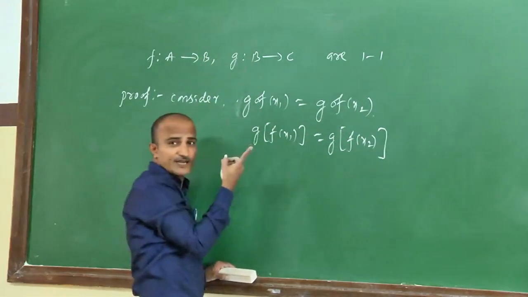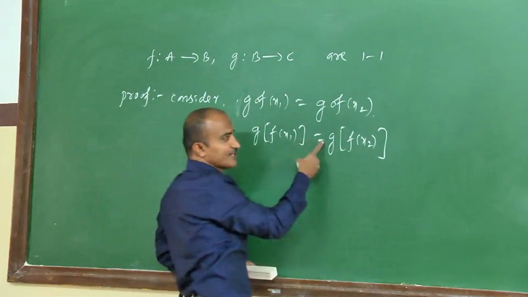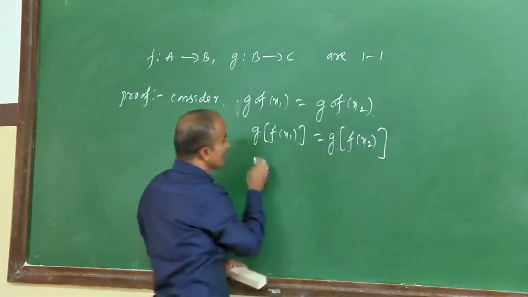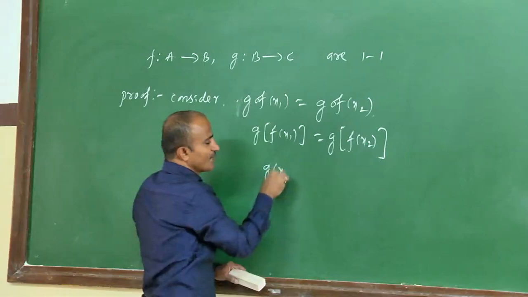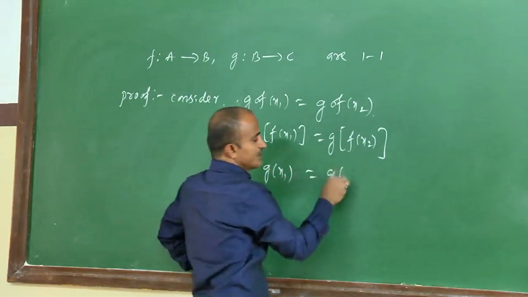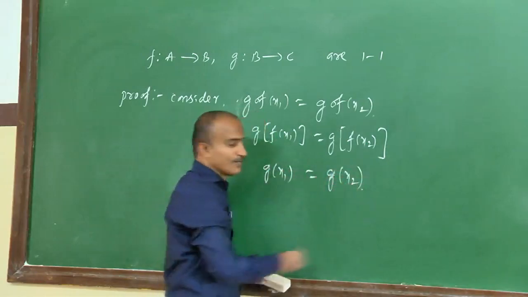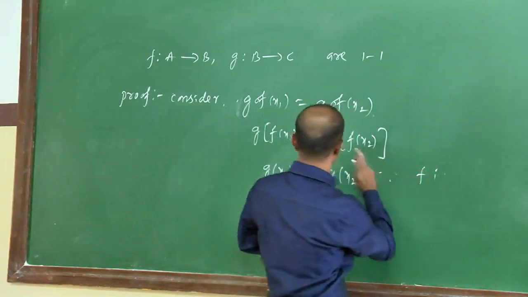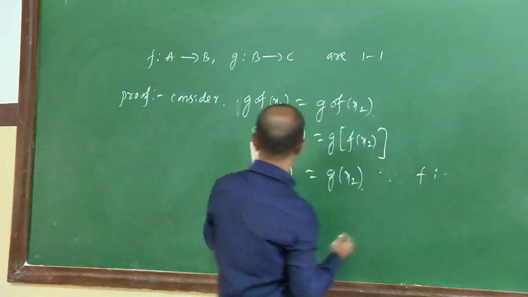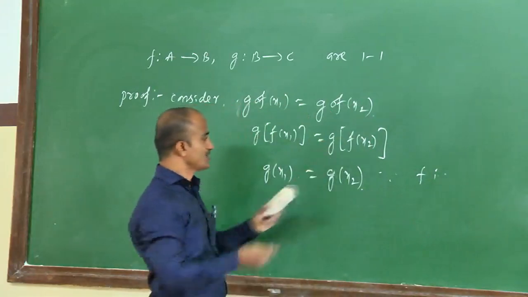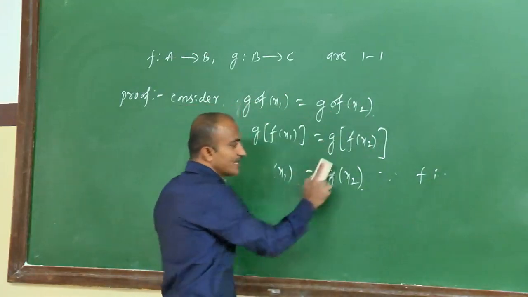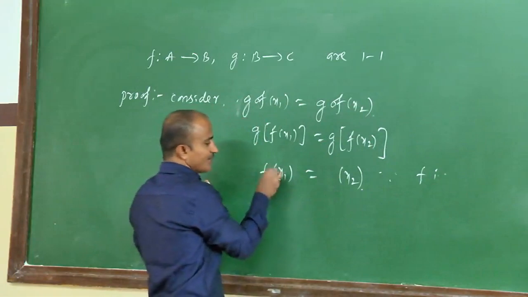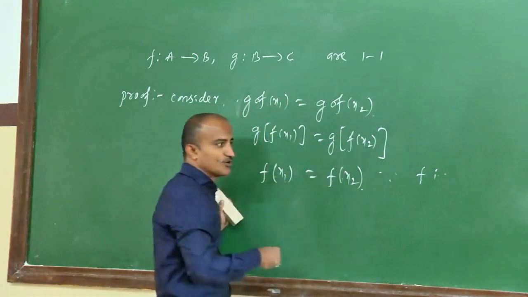When both f and g are 1 to 1, g of f of x1 equals g of f of x2. Since g is 1 to 1, it gives f of x1 equals f of x2.